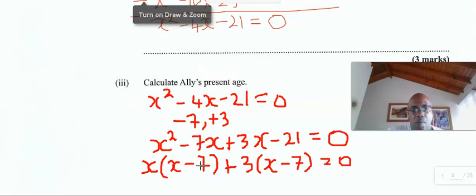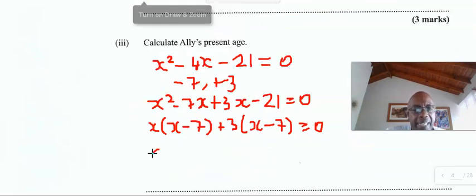Now note, and this always happens, we have the same expression inside both brackets. And so we need now to factorize again this new expression by taking out the common factor, which is now x minus 7. We take out that x minus 7 as the common factor and leave it in the bracket.